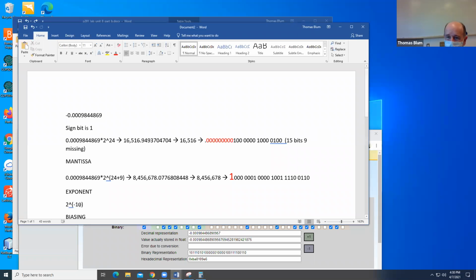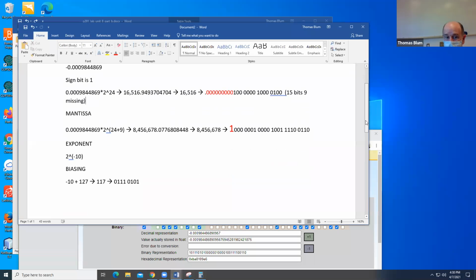And then in these rules, their way of being able to deal with positive and negative powers, we see here in this example that we need the possibility for negative powers. Their way of dealing with it is this so-called biasing, where for a float, which has 8 bits for the exponent, our bias is 127.